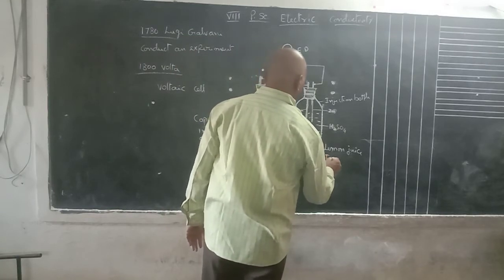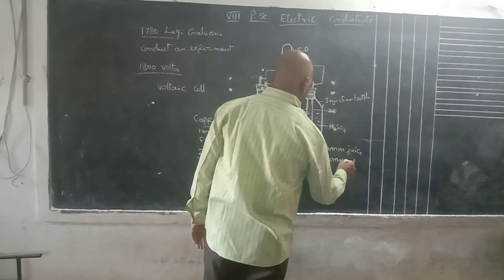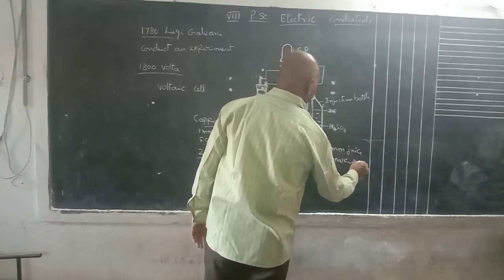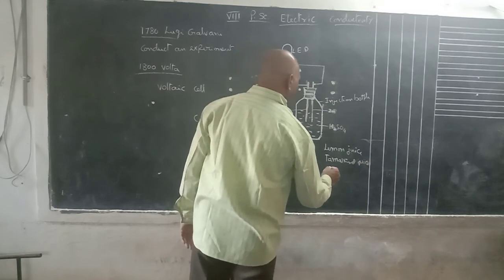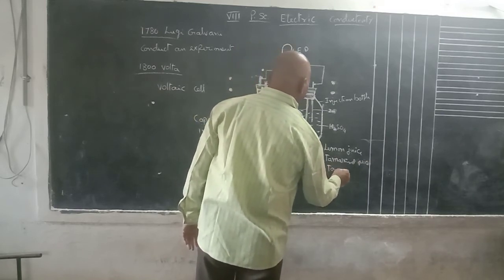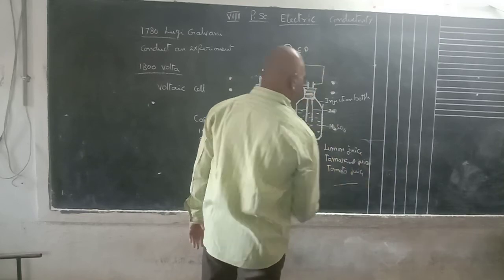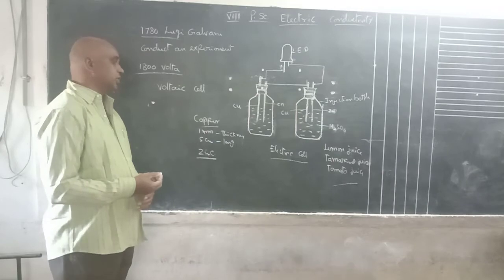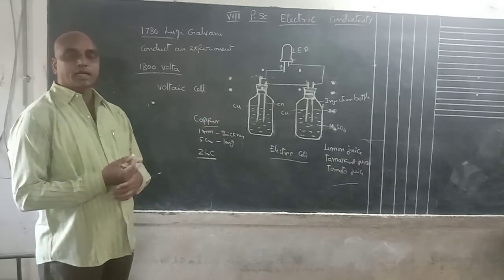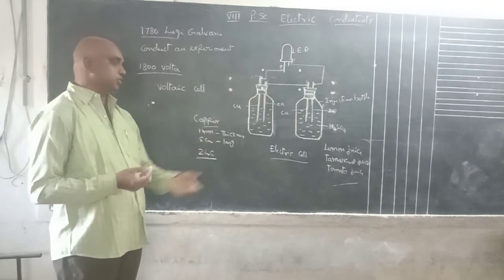Along with tamarind juice, and tomato juice like this. By using citrus fruits, orange juice like this, we can also make the electric cell. Instead of sulfuric acid, we use lemon juice.